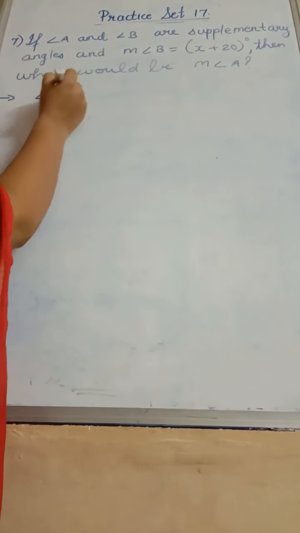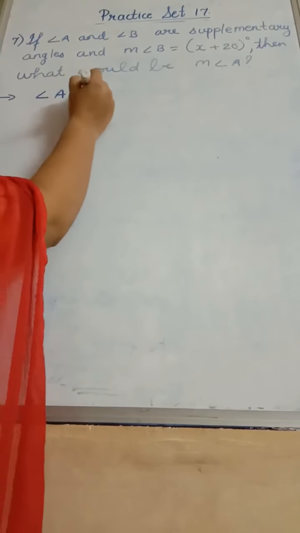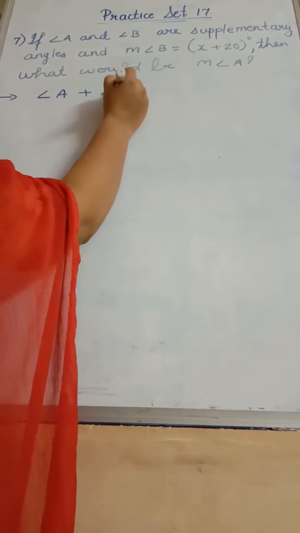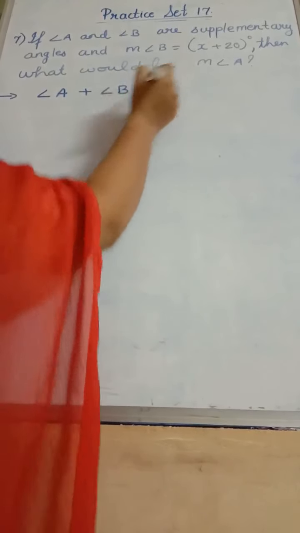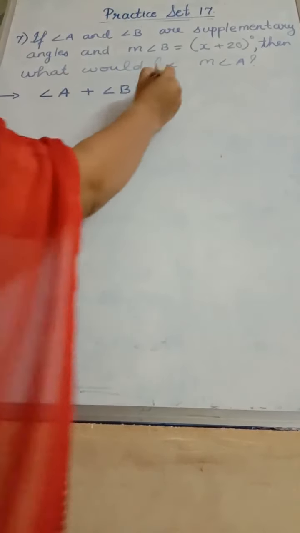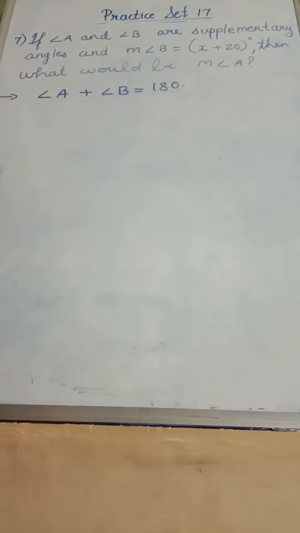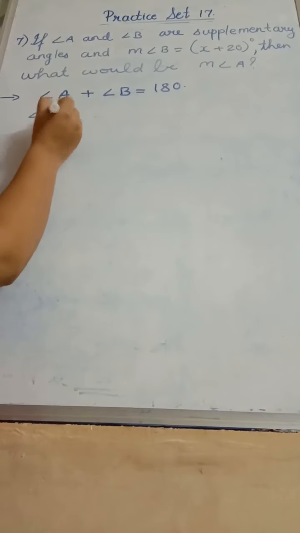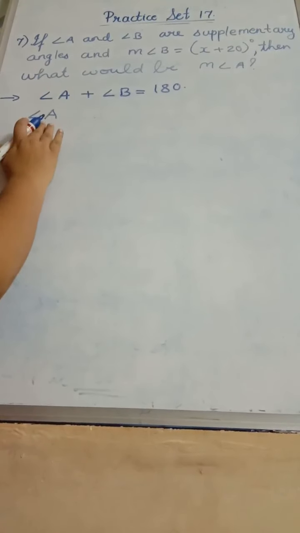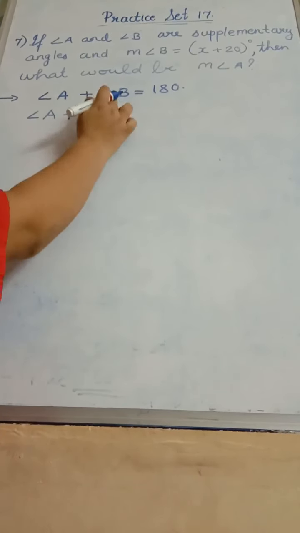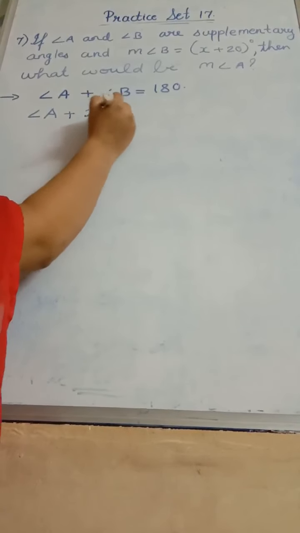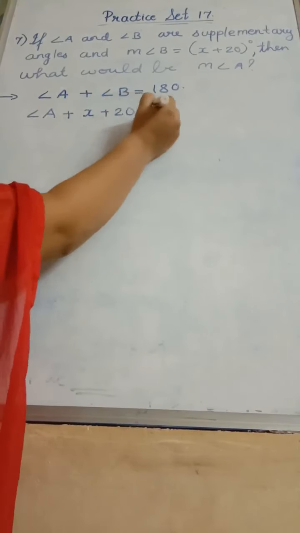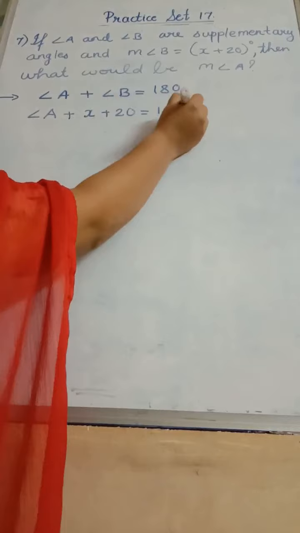Okay, so we'll write, see, angle A plus angle B is equal to what? 180, because it is a pair of supplementary angles. Value of B is given, we will substitute, but value of A we don't know, so we'll write it as it is. Now what is value of B? x plus 20 is equal to 180.